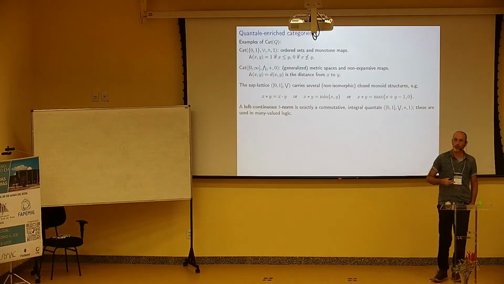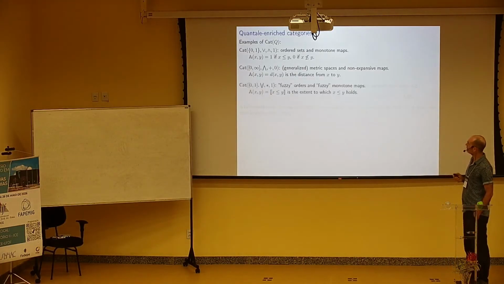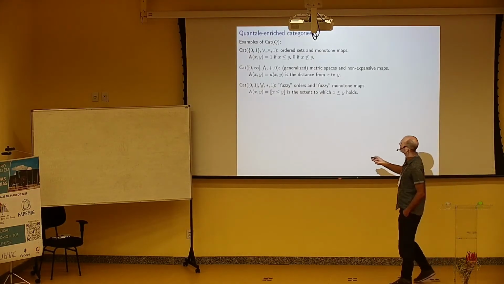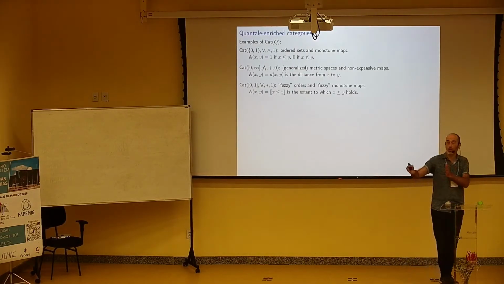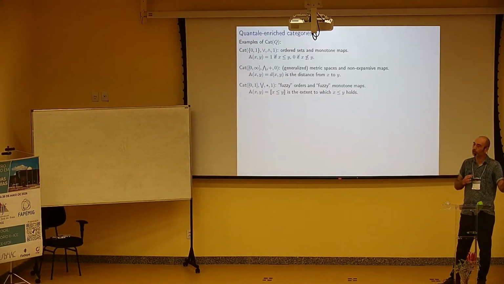They are very important for fuzzy logic. So you can enrich over this, and what you get is what people often call fuzzy order and fuzzy monotone maps. So now the hom of such a category is the extent to which the inequality holds, which is a number between 0 and 1. It can be very true, and it can be very false, and it can be anything between. So it's a fuzzy order.